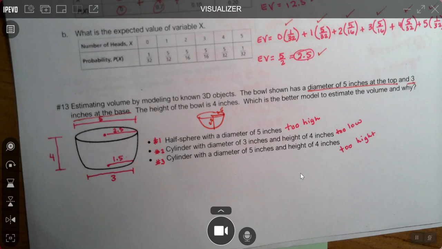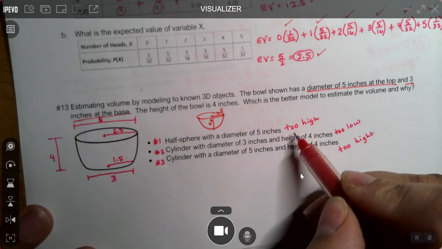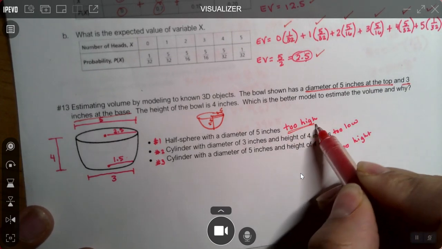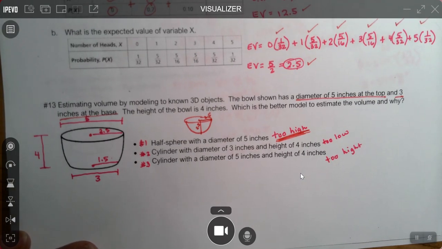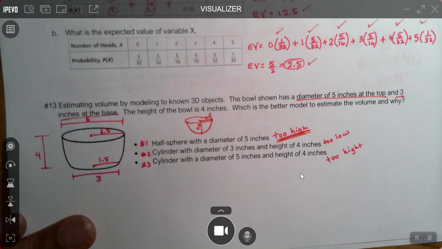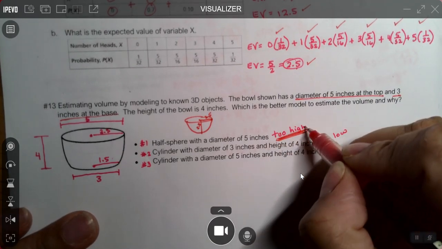I guess I'm thinking if it's going to be enough volume. Half a sphere with a diameter of 5 inches. I'm not sure if it overestimates it, but they say it overestimates it in the examples. Okay, so we'll go with this one, overestimates.